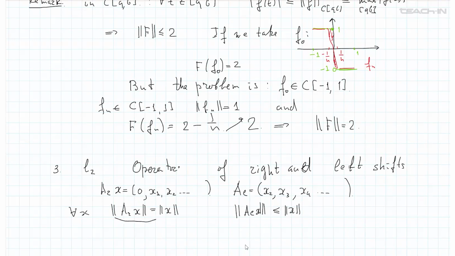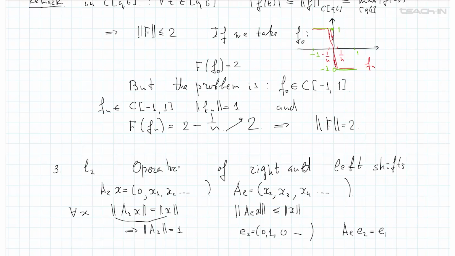So from this, immediately we obtain this answer. But for the operator of the left shift, we, for example, take the second basis vector, and of course AL E2 equals E1, yes.